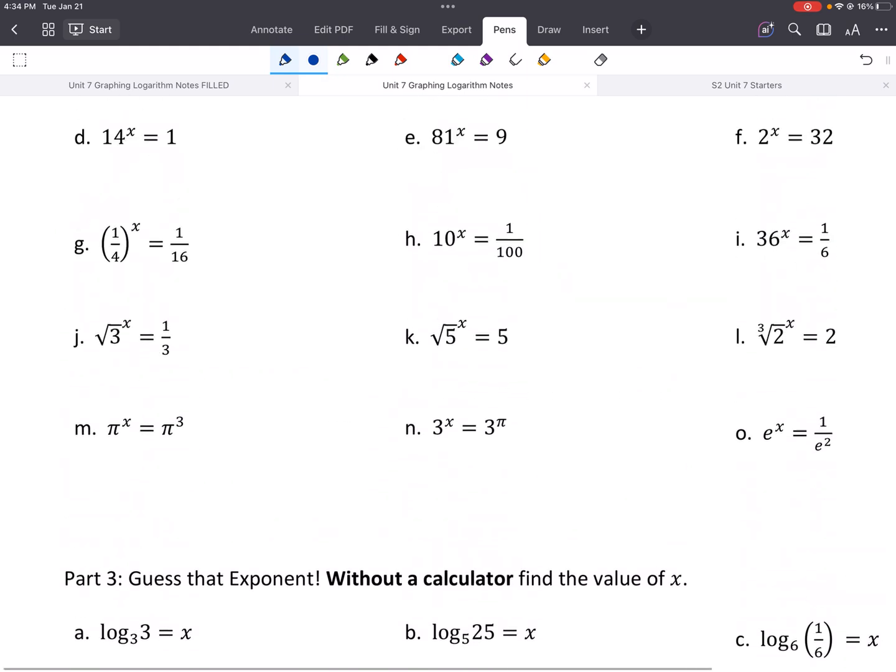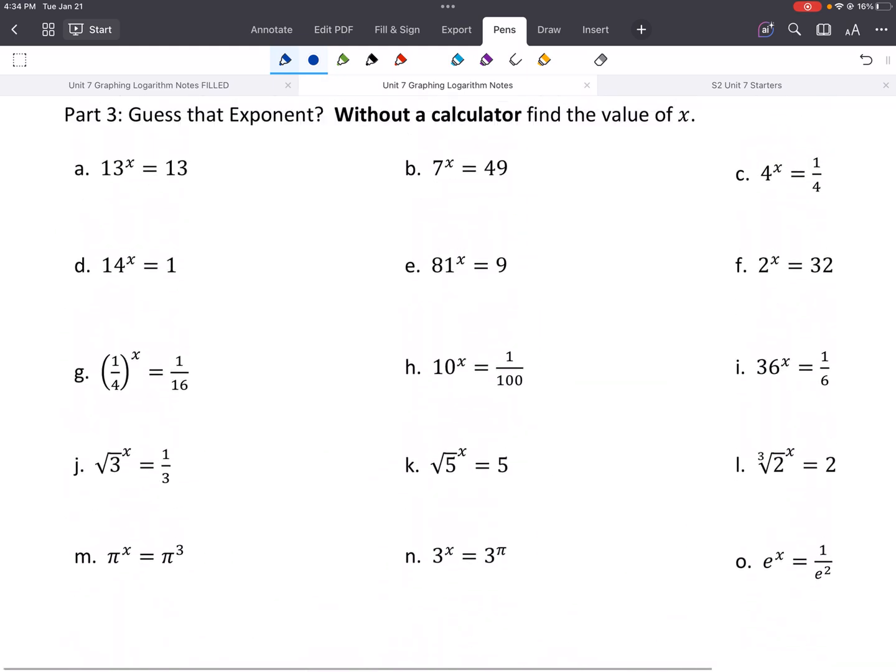Some of these problems are probably a little harder than what you're going to see on your homework, but I think it's good to stretch yourself a little bit, and then it will make the homework and the test even easier. I'm going to do a couple, and then I'd love it if you would pause and try a big handful of these, and then come back and see how you turned out.